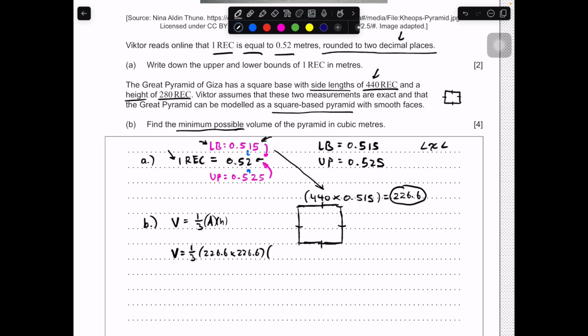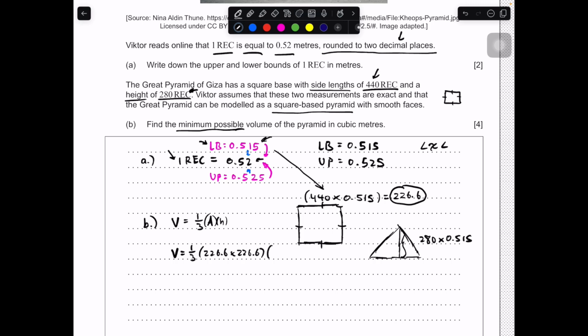And then we're asked, okay, what about the height? And the height, they tell us, is right here, 280. So if we've got some pyramid, I'm just going to draw something like this. Not going to go 3 dimensions, not exactly. But our height of our pyramid is equal to 280. But again, we want to use the lower bound of 0.515.